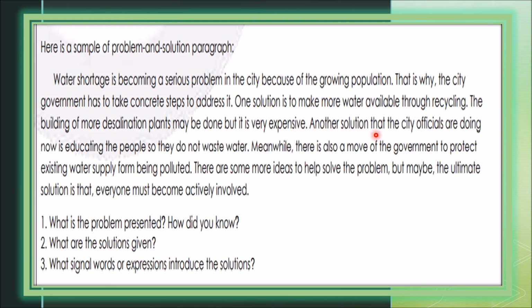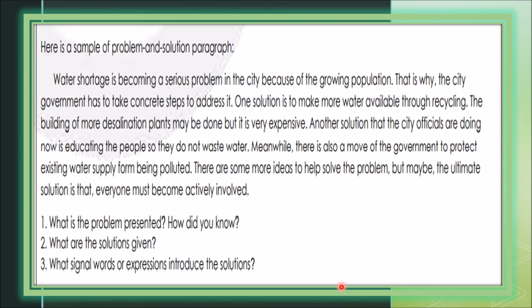Another solution that the city officials are doing now is educating the people so they do not waste water. Meanwhile, there is also a move of the government to protect the existing water supply from being polluted. There are some more ideas to help solve the problem, but the ultimate solution is that everyone must become actively involved.